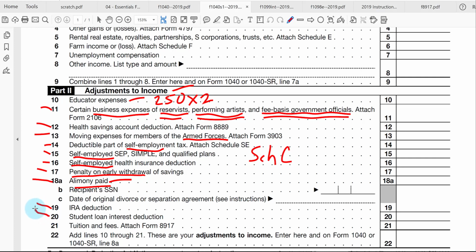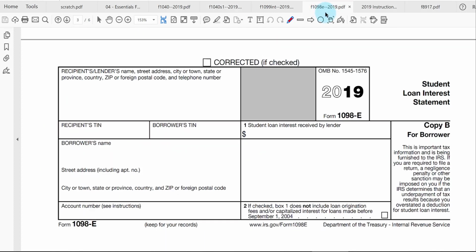Next deduction, if you're a student, maybe you had borrowed money to go to school to help you pay for qualifying costs. Again, that's basically tuition, textbooks, supplies, even room and board. And if you're at least a half-time student, maybe now when you start paying off your student loans, you get to deduct interest. The interest is reported to the student or maybe even the parents who had signed off on the loan here on a form called 1098-E.